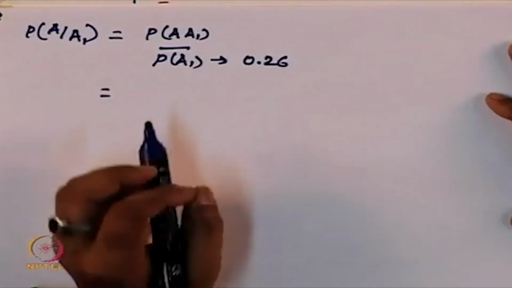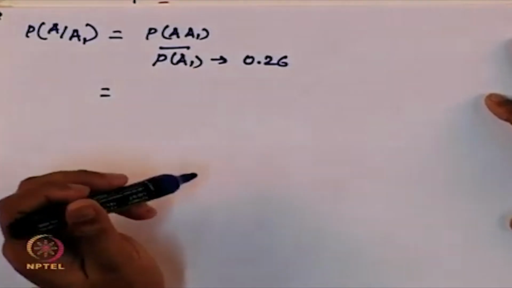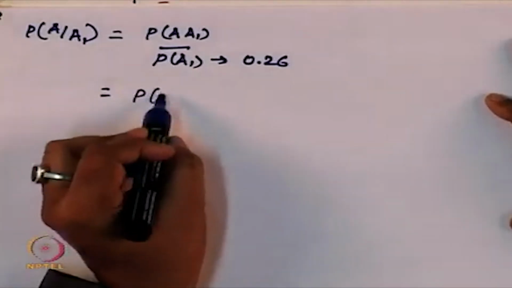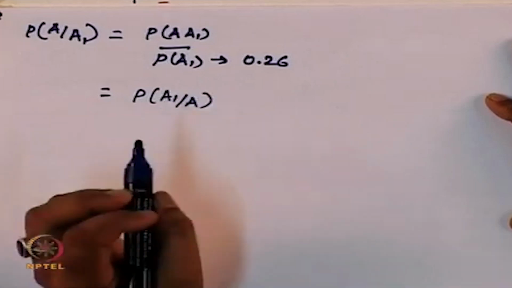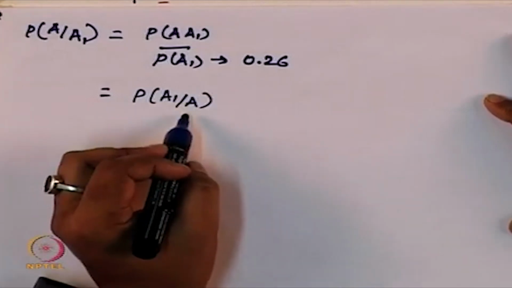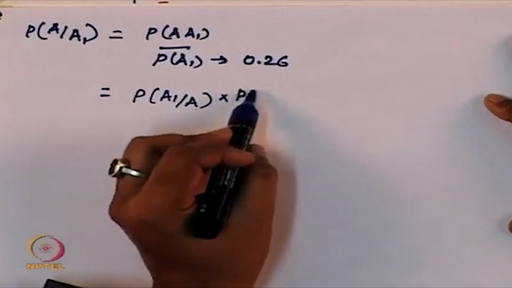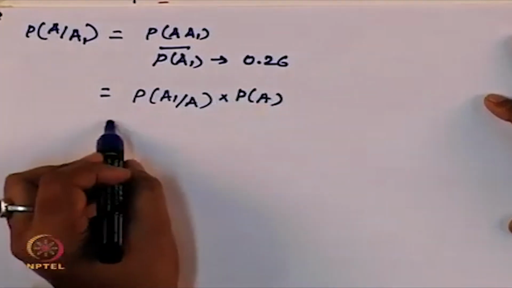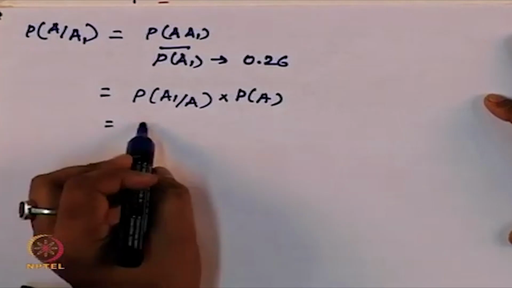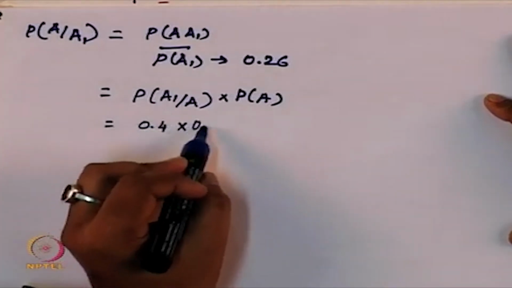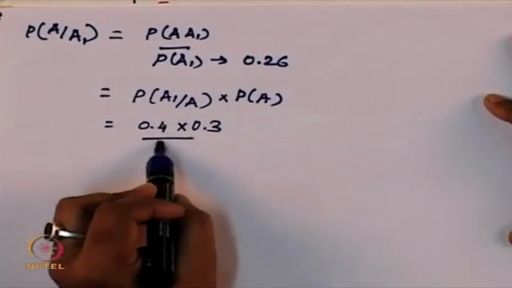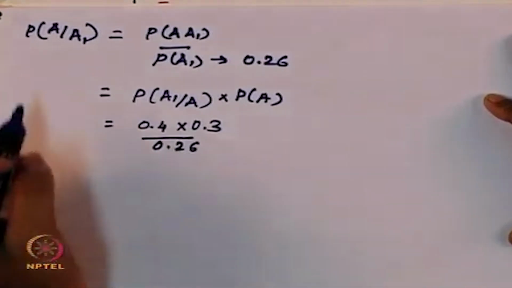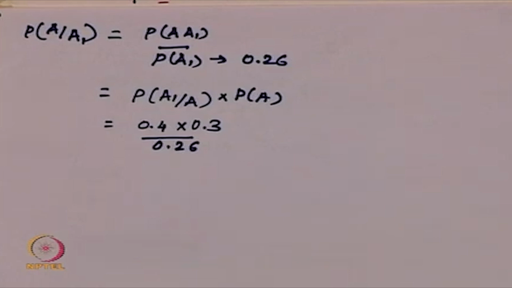What do I do with the numerator? I can rewrite it as probability of A1 given A into probability of A. So, this is 0.4 into 0.3, divided by 0.26. This is your final answer.